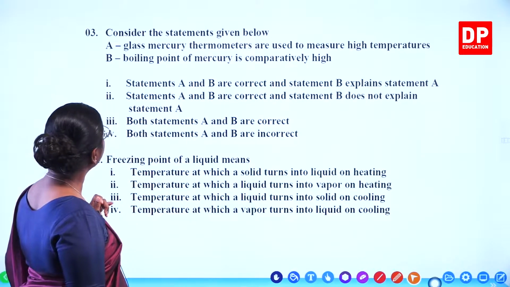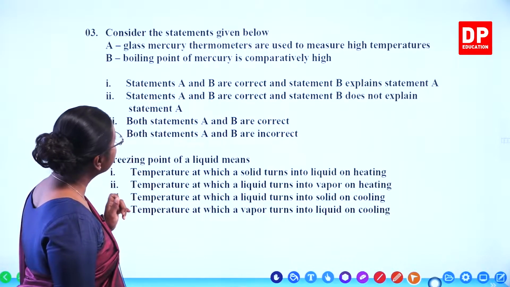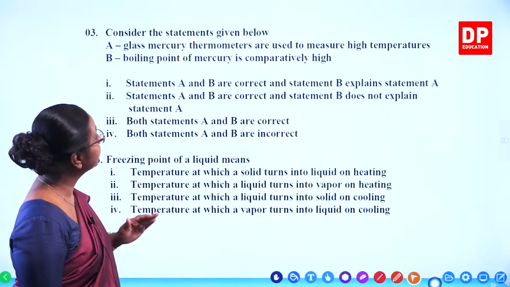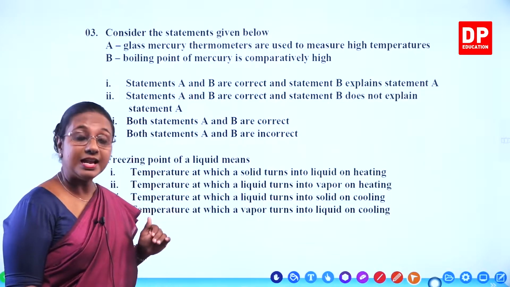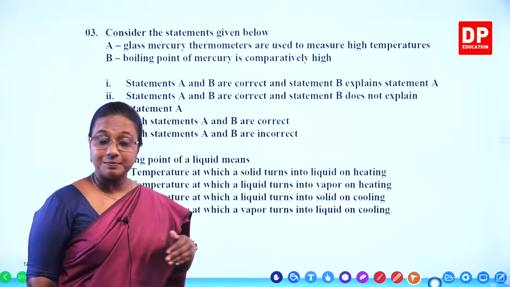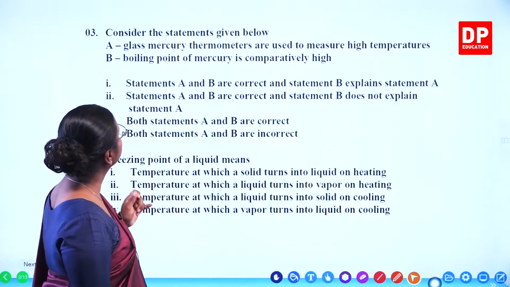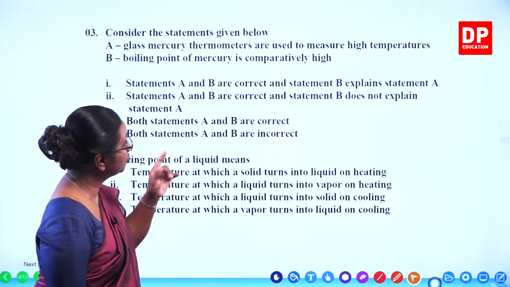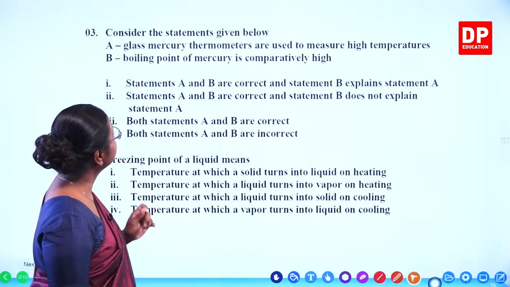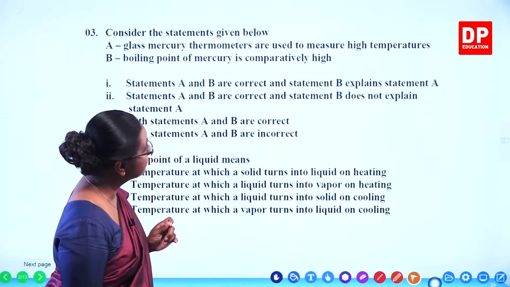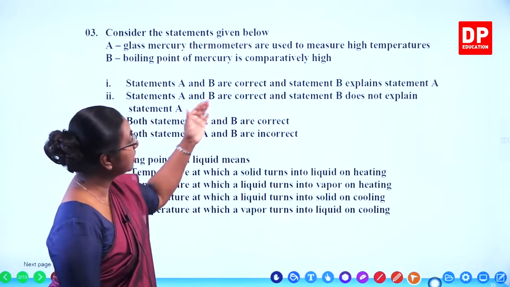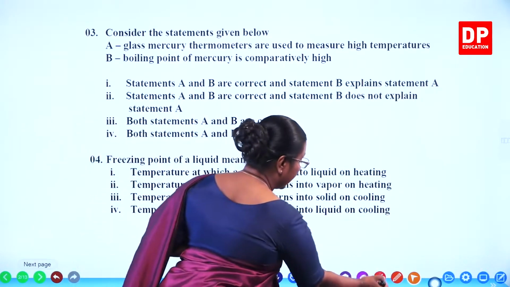So, if we look at the answers, statements A and B are correct. That's true. And statement B explains statement A. That is also correct. Why? Because the boiling point of mercury is comparatively high only, we can use the glass mercury thermometers to measure high temperatures. Then the second answer, statements A and B are correct and statement B does not explain statement A. But it does, so it has to be the first answer.